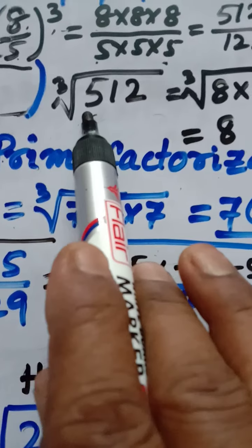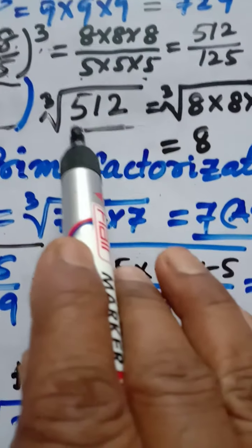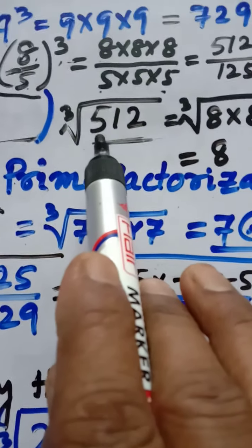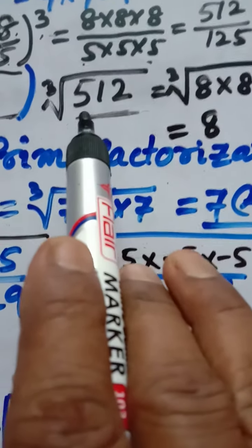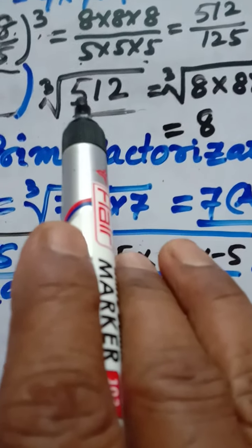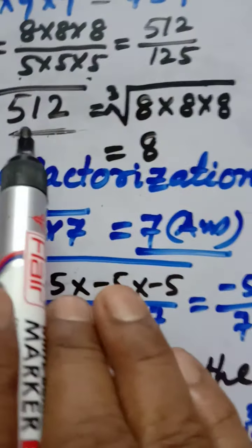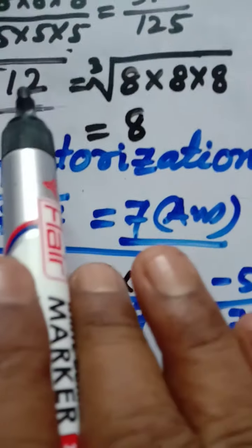See, suppose 512 is a number, and you want to find out the cube root value. That number has to be split into the product of prime factors, or written as a product of a number multiplied 3 times. So 512 can be written as 8 into 8 into 8, then the product will become 512.